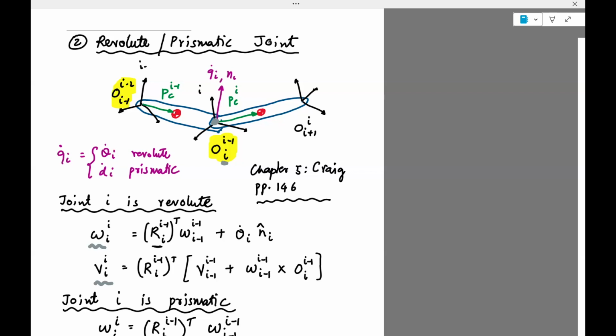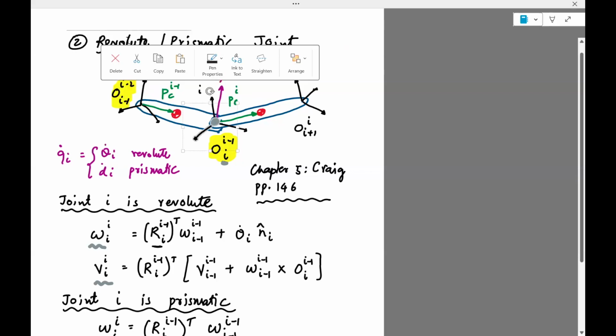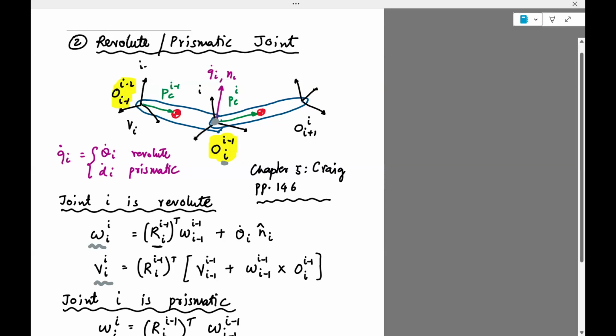You need the rotation matrix, you need the velocity of the previous frame, V_{i-1}^{i-1}. This will be V_i^i. And the angular velocity of the previous frame, and O_i^{i-1}, the position of this with respect to that frame. So everything here you see is how one frame is related to the previous frame.